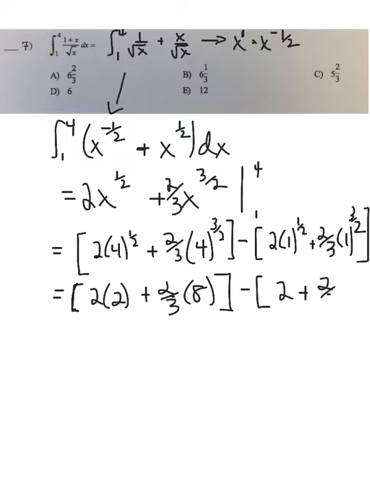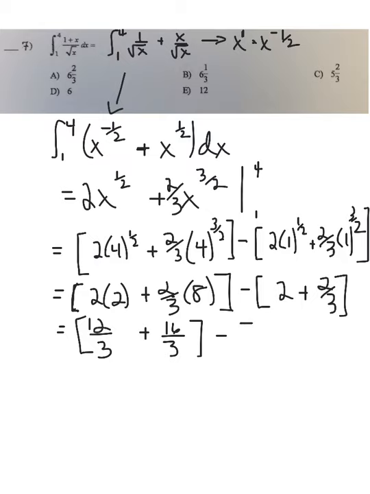Okay. Now I see that I've got denominators of 3, so I'm going to put all of these in the form of a fraction with a denominator of 3. So this is going to be 12 over 3, because that's 4. This is going to be 16 over 3.